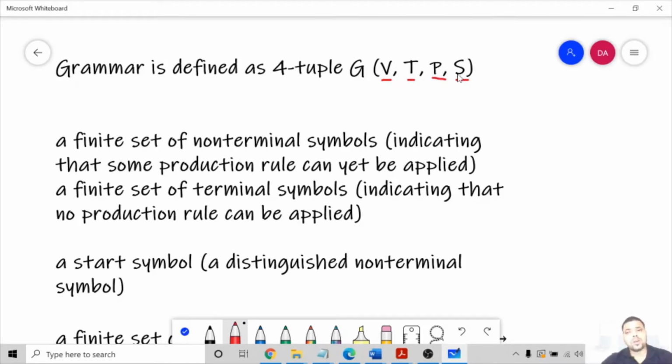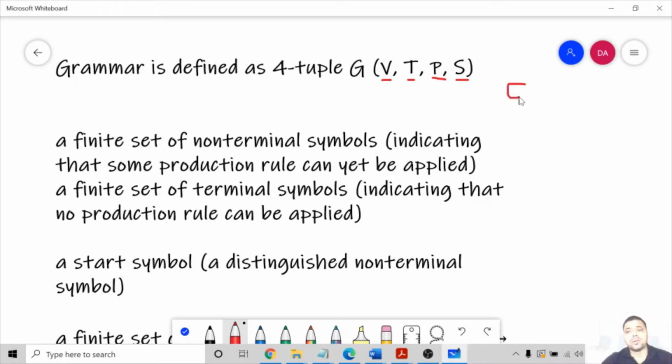Okay, so let's try to understand this with the help of a simple example. So I am taking English language. I am not taking the formal language. I am taking first the English language or the natural language.